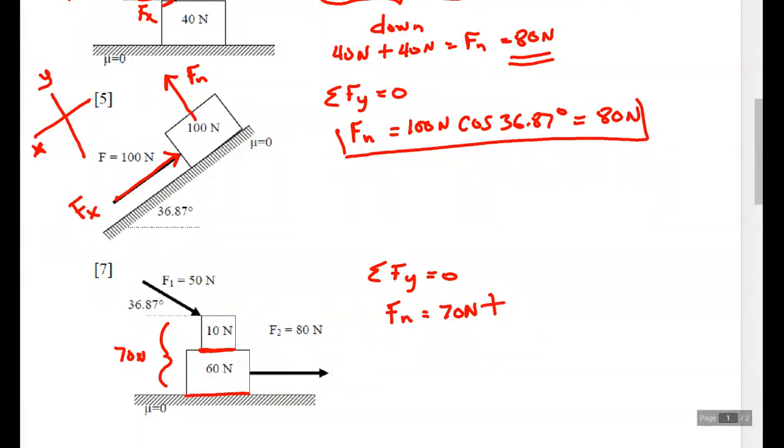The applied force doesn't act purely horizontally, it actually is a blend of horizontal and vertical components. So I have to add the vertical component of the applied force, we'll call it F1y. Imagine it's just a person pushing on the top box to cause the two boxes to slide across.